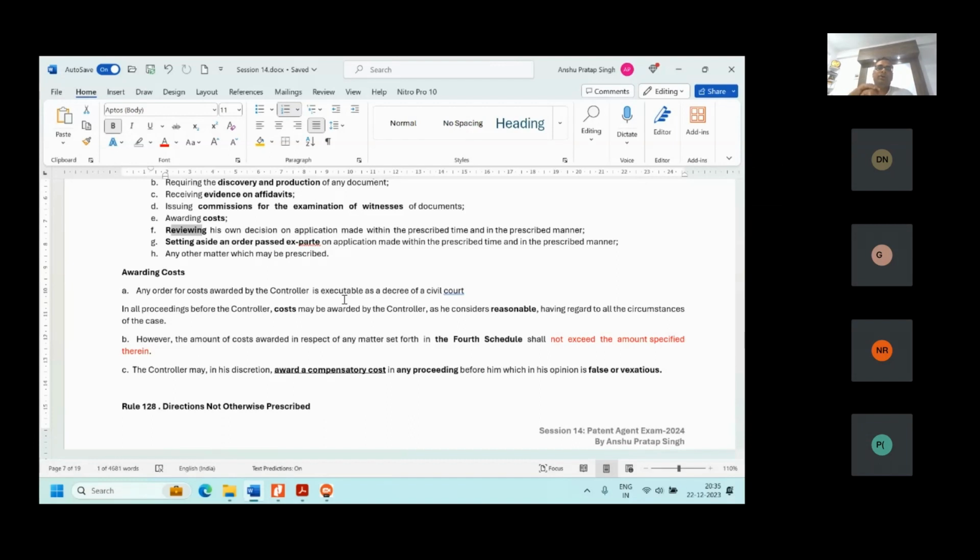Okay, so time period we understood. What is the form? Under form 24, you can ask for the review from the controller. Rule 130 governs it. And there are the grounds.